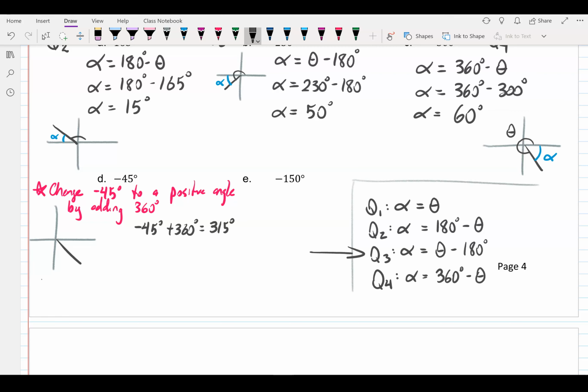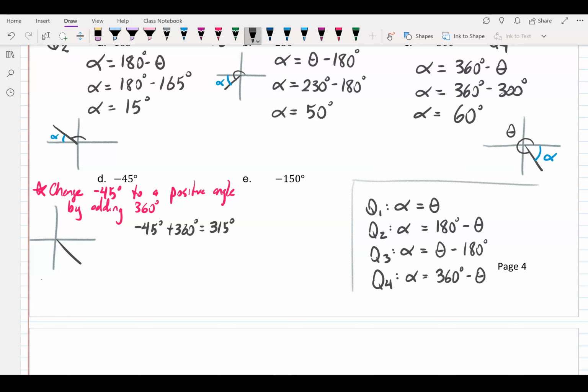And then we can use our rules, okay? We're going to use our rules to the right. So our angle here, 315, but really what we care about is that this is in quadrant 4, and our rule for quadrant 4 is that we have our reference angle equals 360 minus the given angle, so 315.